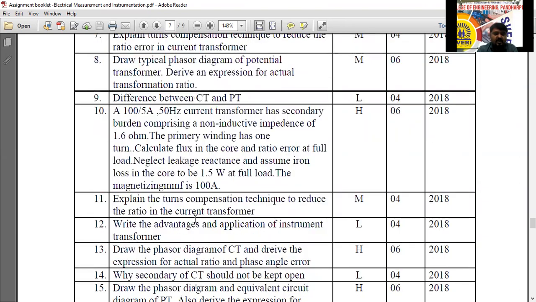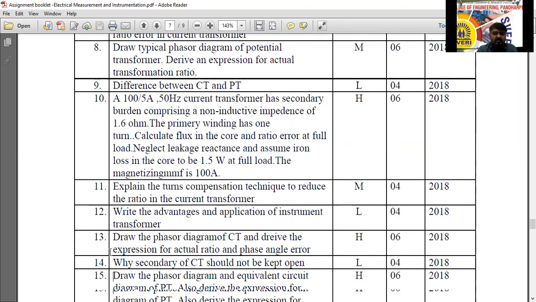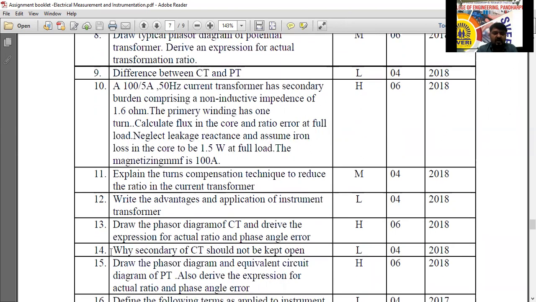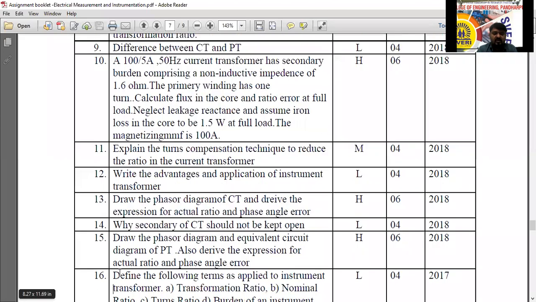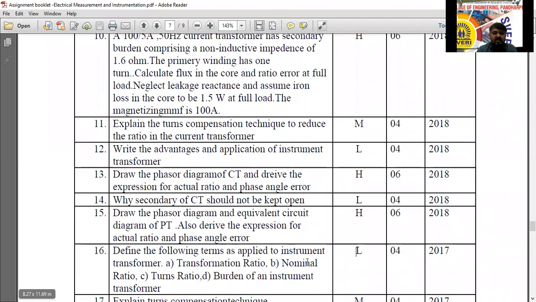Question number 12, write the advantages and applications of instrument transformer. Question number 13, draw the phasor diagram of current transformer and derive the expression for actual ratio and phase angle error. Next, question number 16, define the following terms as applied to instrument transformer, that is transformation ratio, nominal ratio, turns ratio, burden of a transformer.